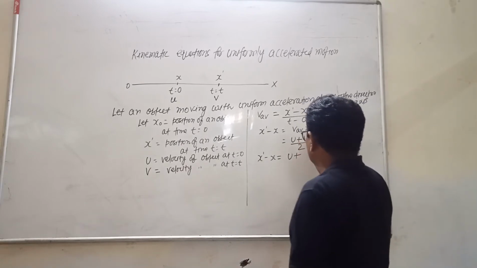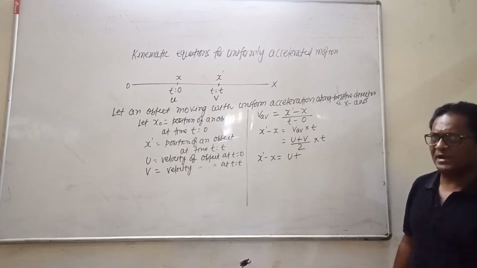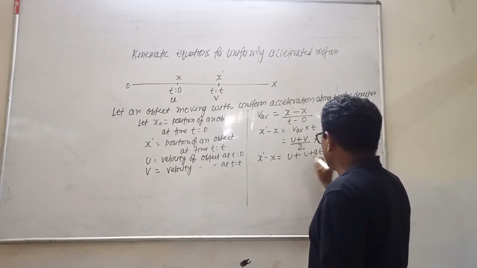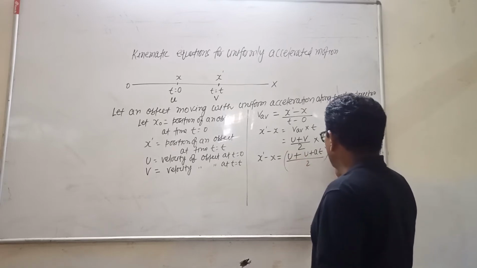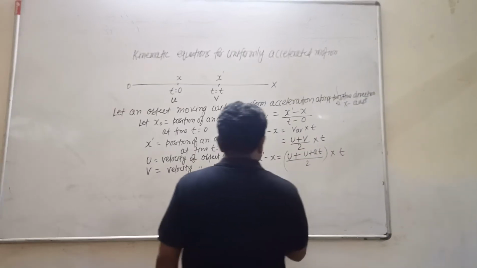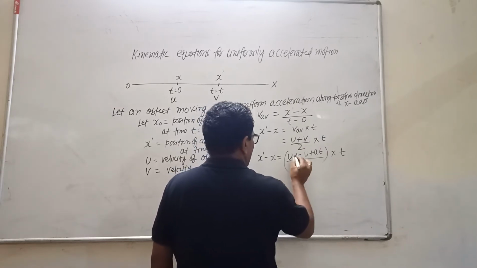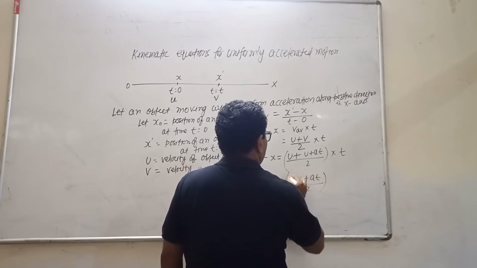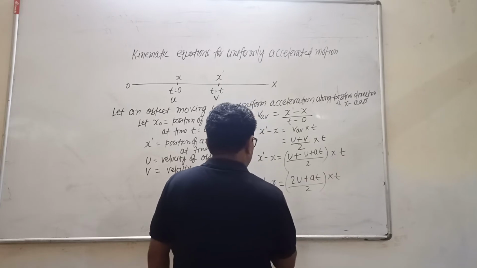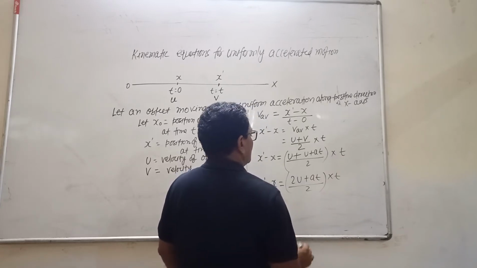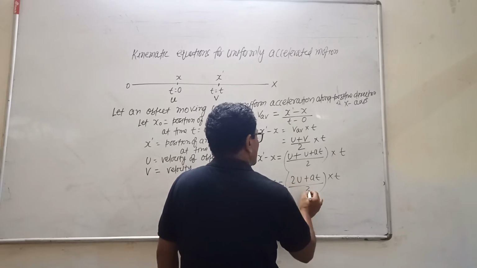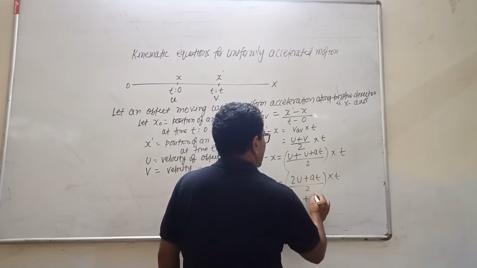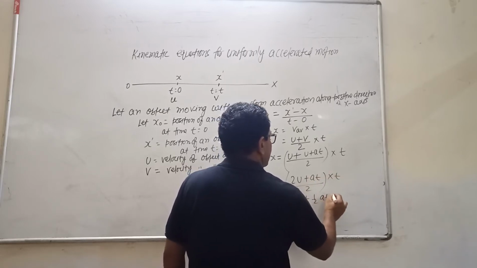u as it is, and in the place of v we can write u plus at, from the first equation. So we will replace v by u plus at, divided by 2, multiplied by t. So x dash minus x equals u plus u, that is 2u plus at, by 2 into t, and x dash minus x equals 2u divided by 2, that is u into t, plus 1 by 2 at into t, that is at square.